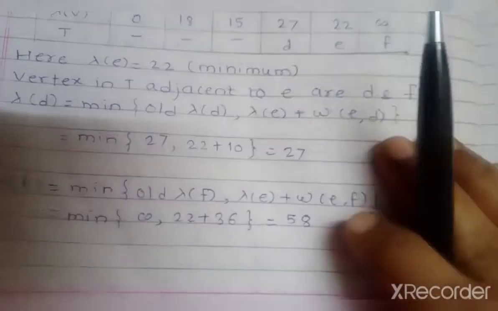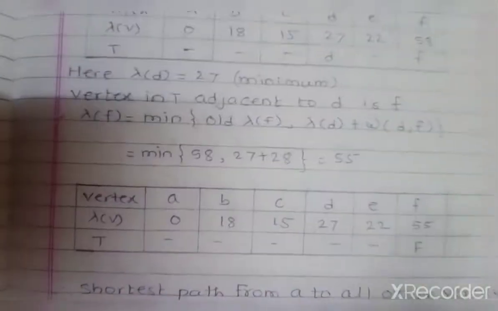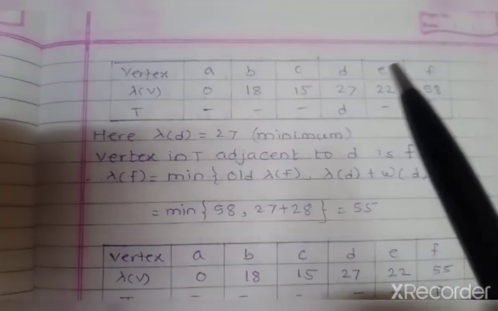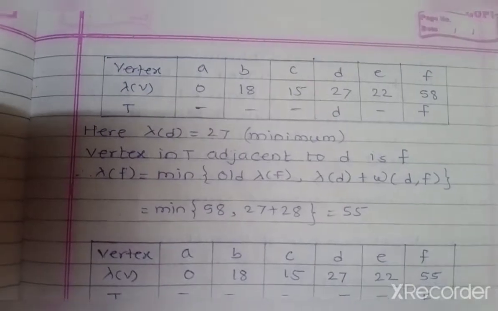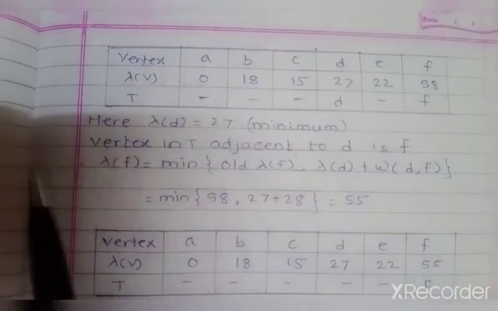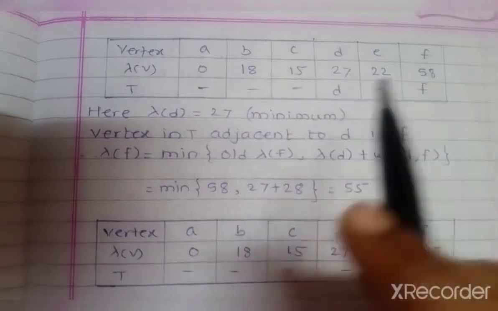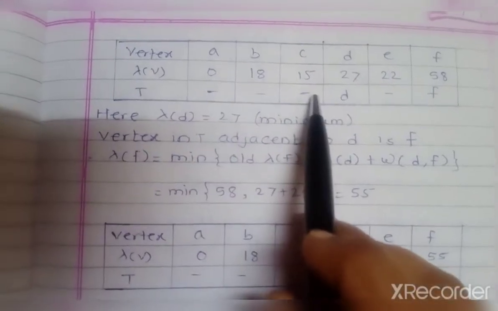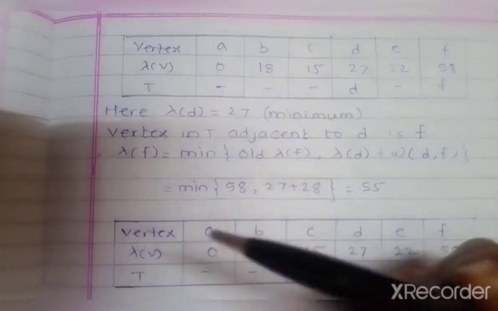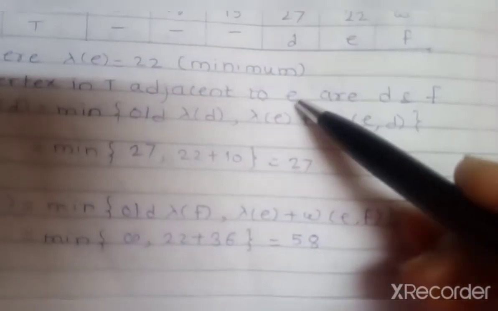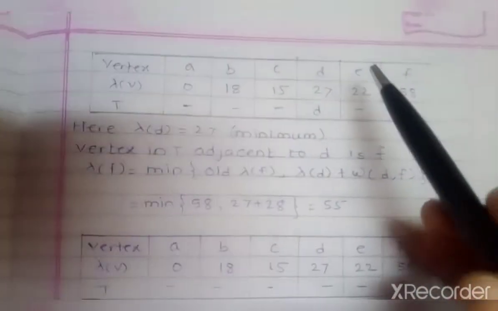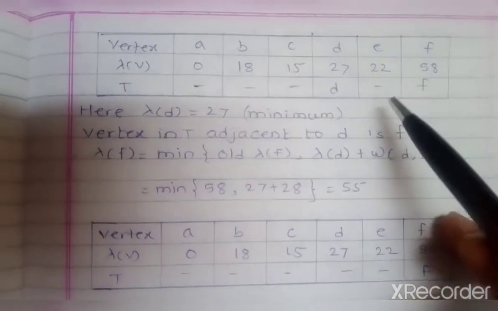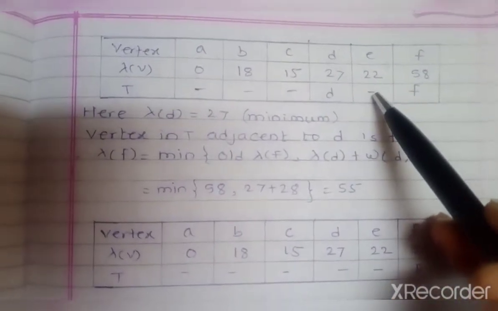Now again we have to prepare the table. Write down again the vertices A, B, C, D, E and F. From the last table, A, B and C are permanent vertices. In our next step we have to check the adjacent vertices of E. Vertex E is also a permanent vertex.